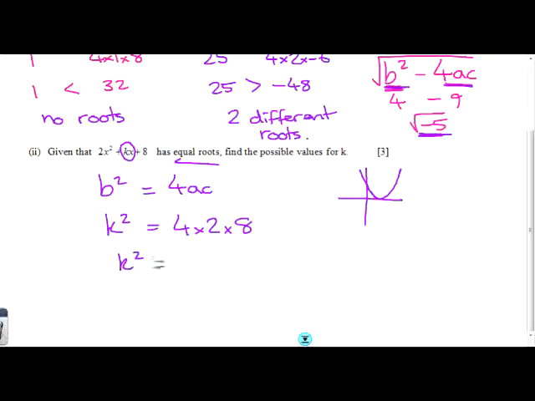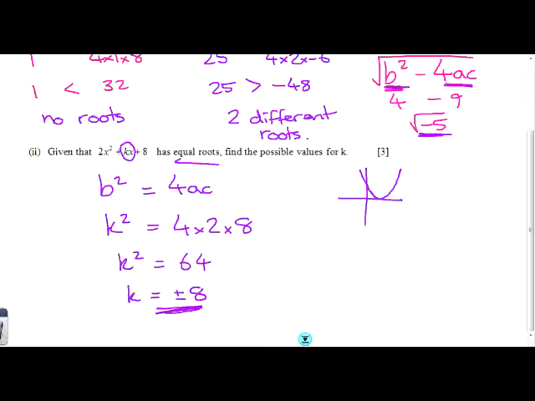So k squared is 64. So therefore k is plus or minus 8. So there you have it. That's the answer, plus or minus 8.